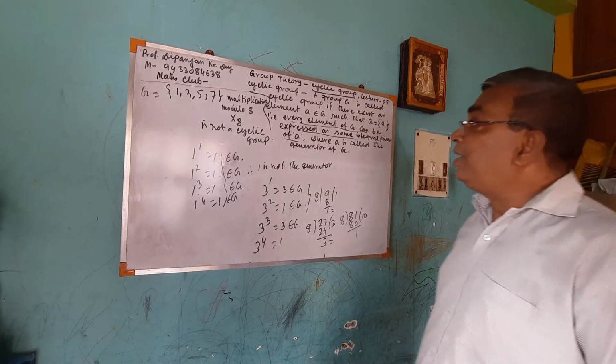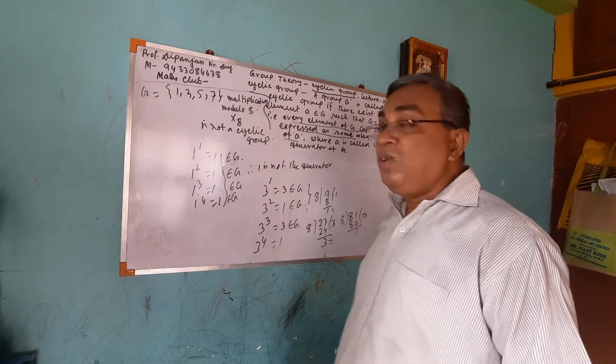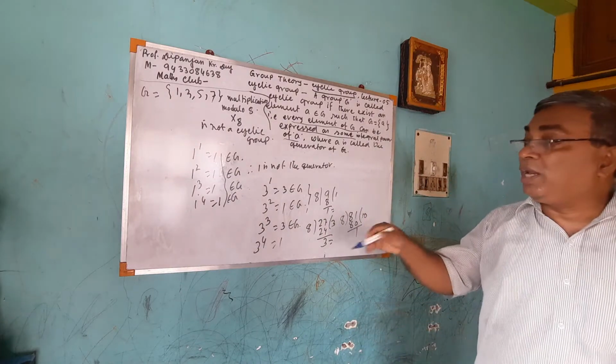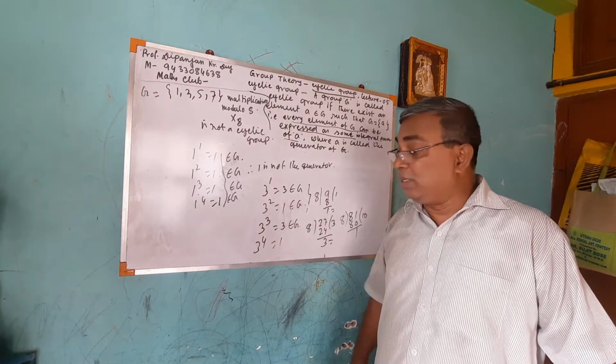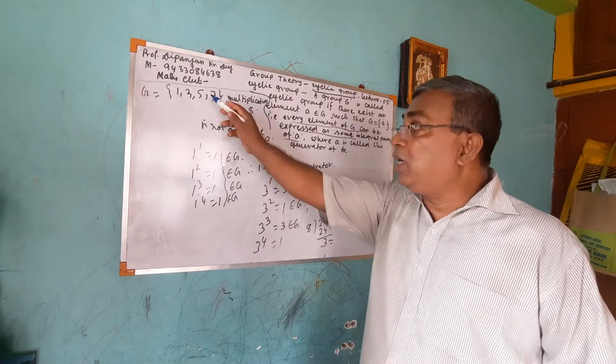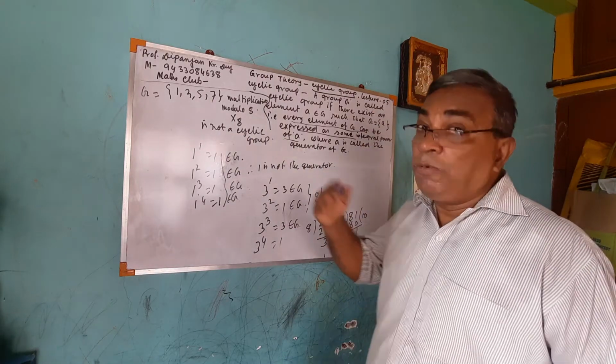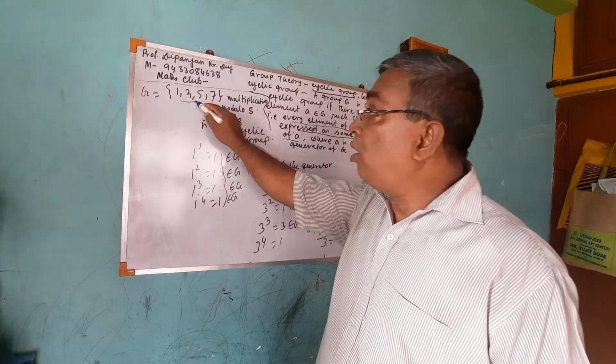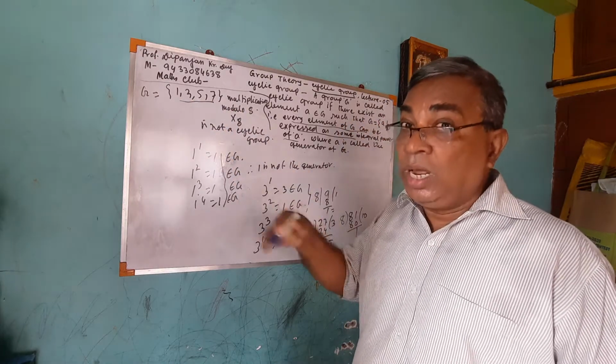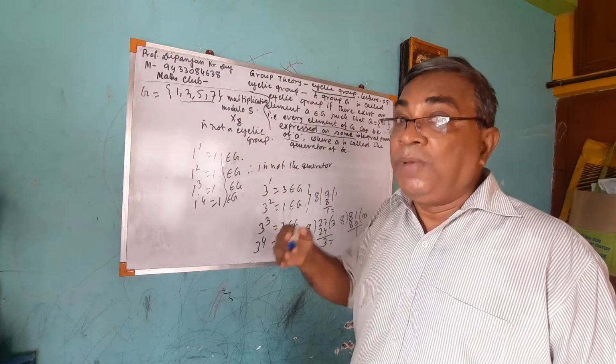But we are not getting 5 or 7. Every time we are getting 3 and 1 like this. So we are not getting 5 or 7. That means you have to get all the elements of G as integral powers of that element.